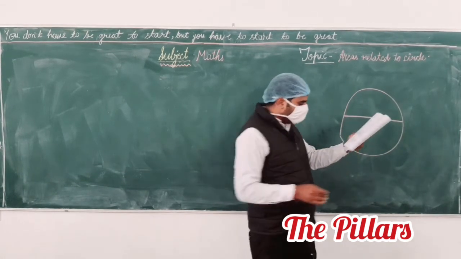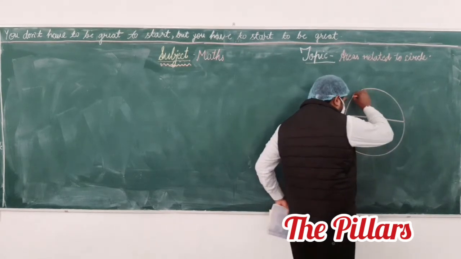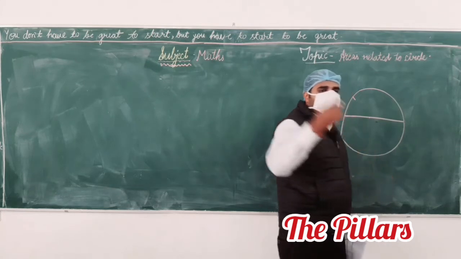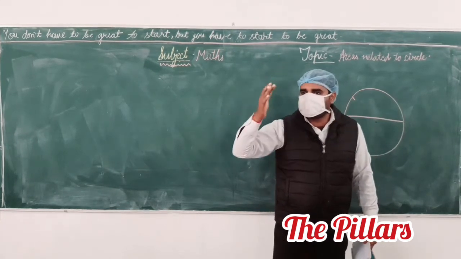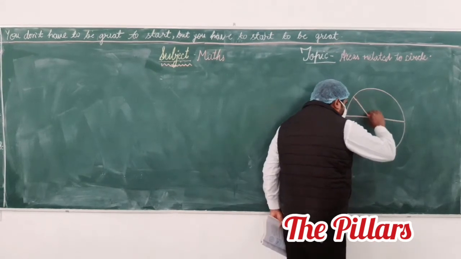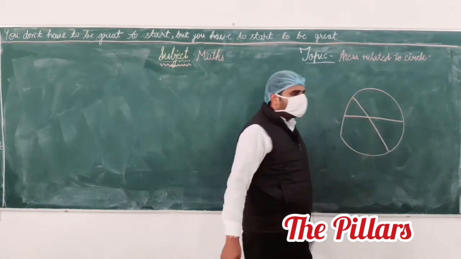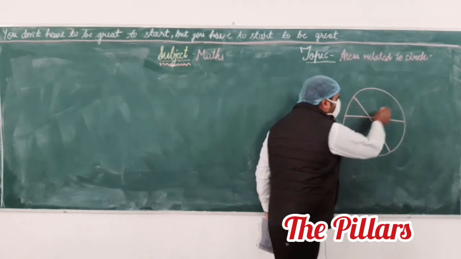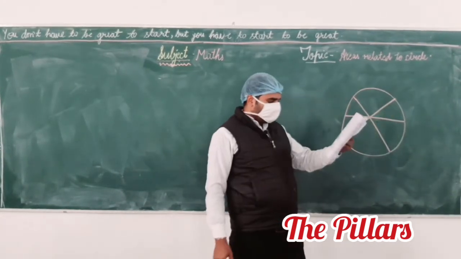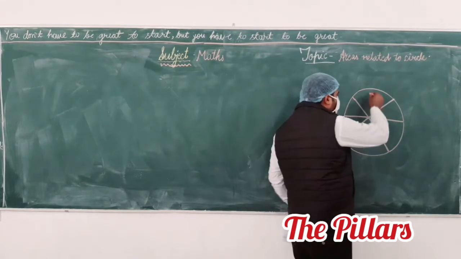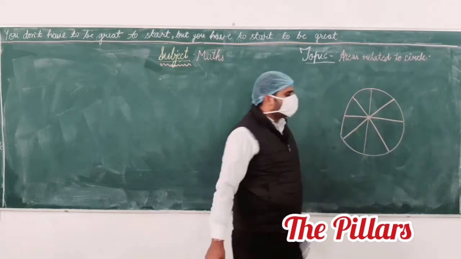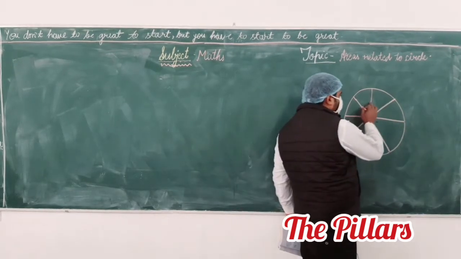You see that these all pass through the center, because the question says that we have to divide it by the diameter. This total area we have to divide by the diameter. Suppose this is the first one, second one, this is the third one, fourth one, 1 2 3 4.